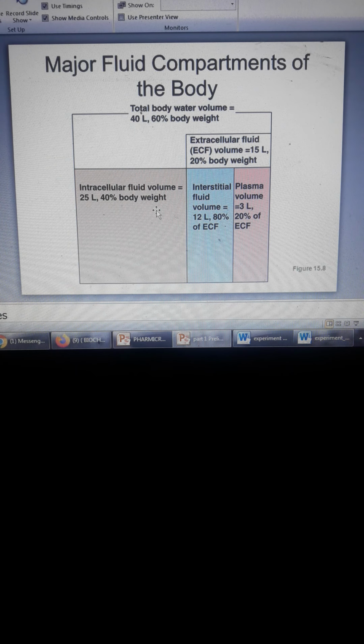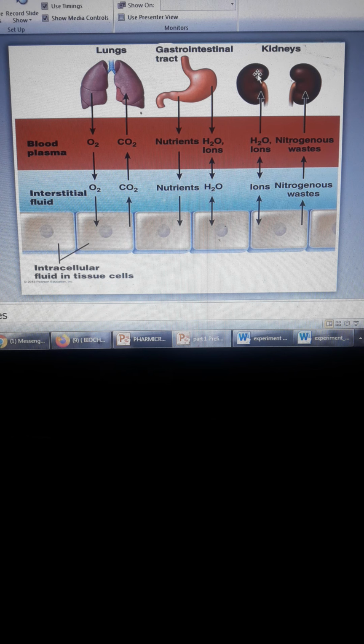And the kidney, of course: in the kidney, water and other ions are being reabsorbed or absorbed, to be excreted out of the body. Or water from the blood plasma crosses the interstitial fluid, along with ions, and enters the cells, and it is a reversible process.